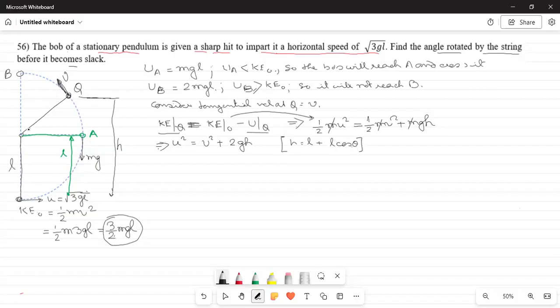If you consider this whole angle theta, that is the answer we are trying to find out, then this angle is 180 minus theta. This angle will be 90 minus theta. So this height will be L cos theta, right?